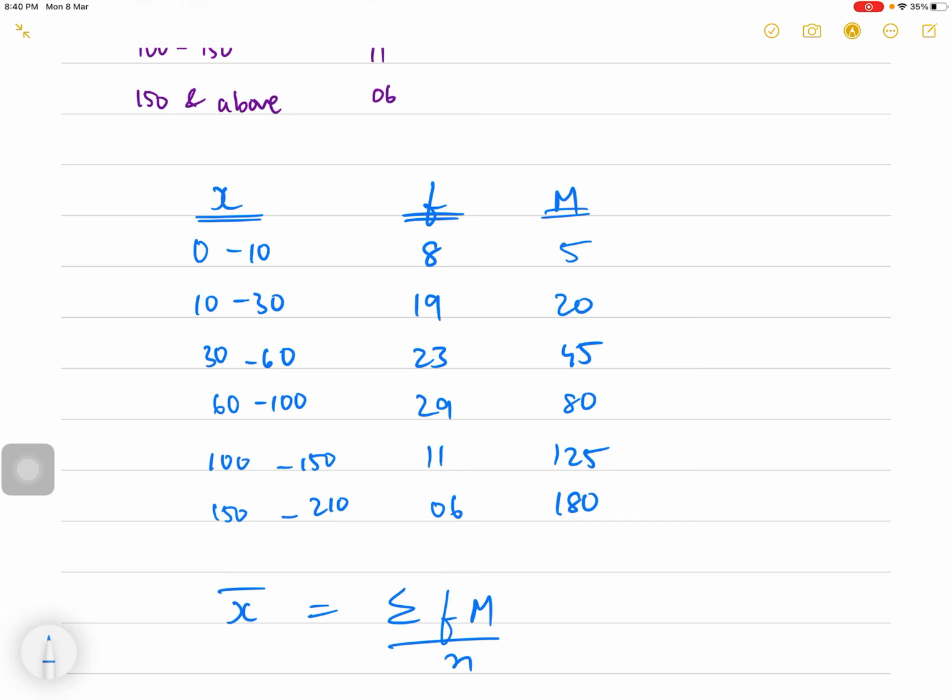So midpoints are 5, 20, 45, 80, 125 and 180.